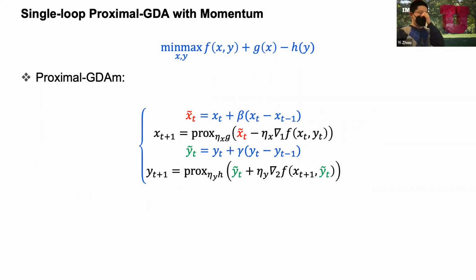So it's basically, in addition to these two standard gradient steps, we introduce two extrapolation steps. Before we do the gradient step, we extrapolate the current point using the past history information. These two extrapolation steps introduce almost no computation cost because they are simple extrapolation.